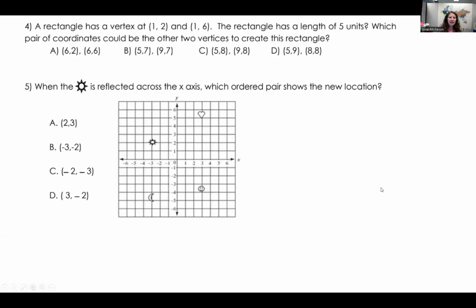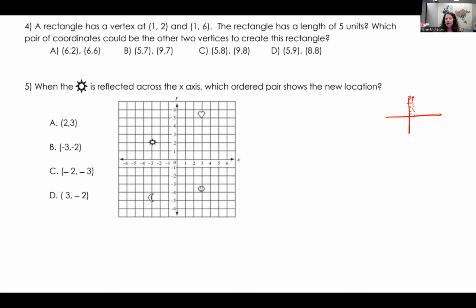Number 4, a rectangle has a vertex at 1, 2, and 1, 6. All right, so we would go right 1 up 2, about right there. And then the second one is right 1 up 1, 2, 3, 4, 5, 6, about right here. Okay, so here's the side of our rectangle. The rectangle has a side length of 5 units.